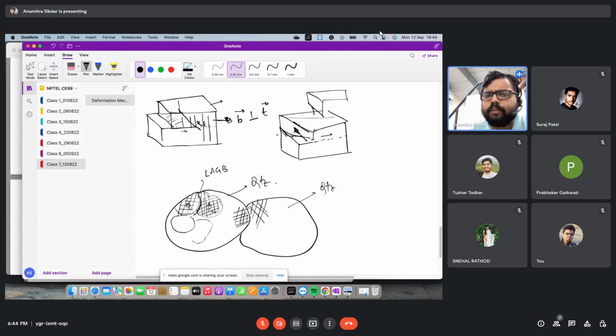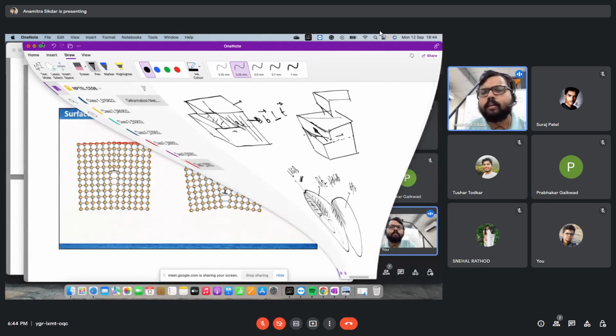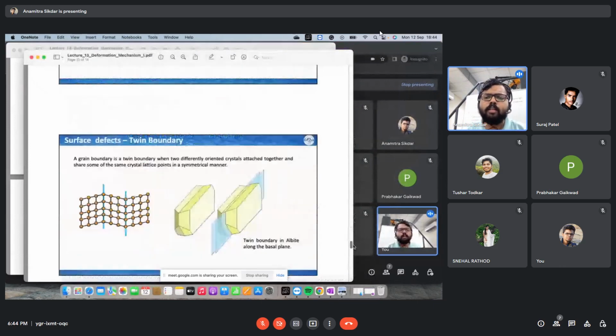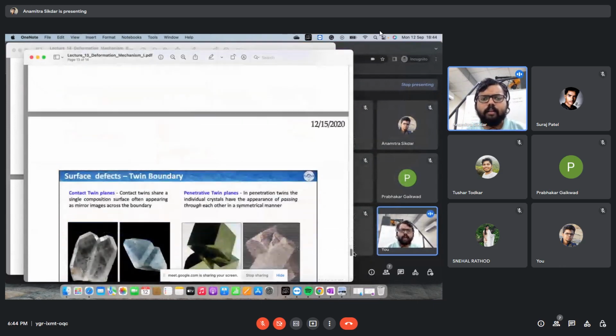The misorientation between this grain and this grain will be much larger than the LAGB, so we call them high angle grain boundaries. These terms are important if you pursue deformation mechanisms in higher studies; otherwise, it's not really that important.